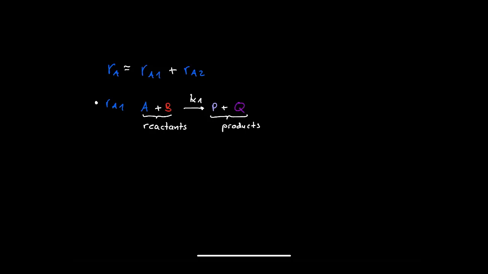So the stoichiometric coefficient of the species A for the reaction rate RA1 is going to be -1.